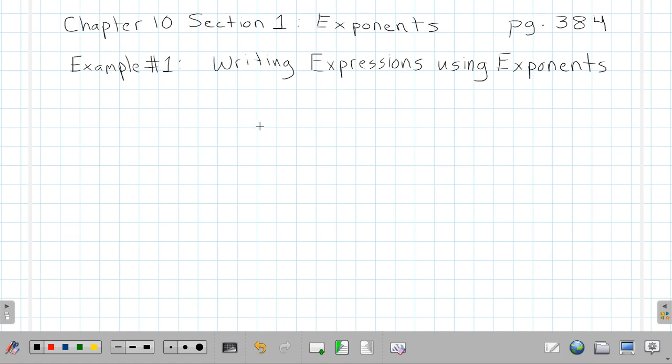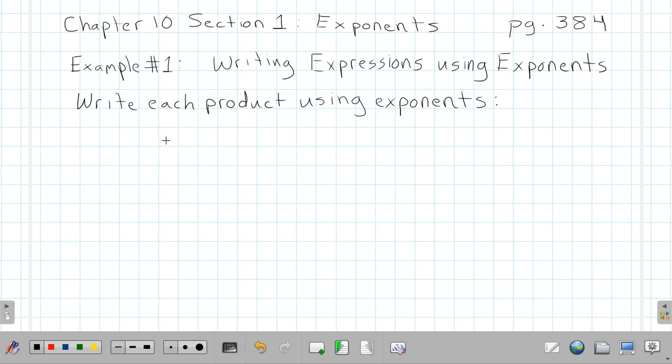So what we're going to be doing here is we're going to be given a product. As the instructions say, write each product using exponents. Okay.